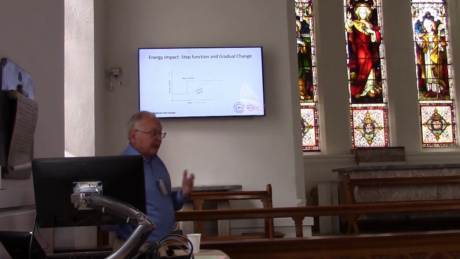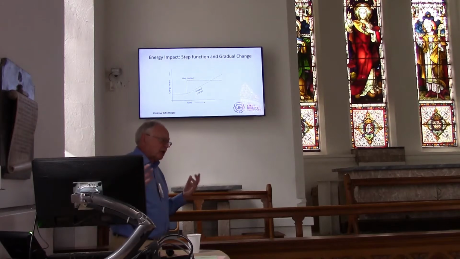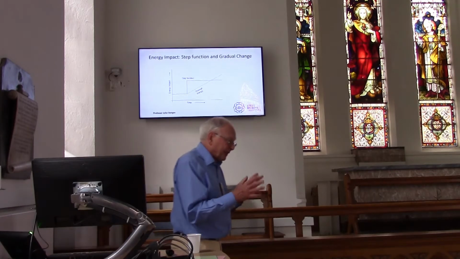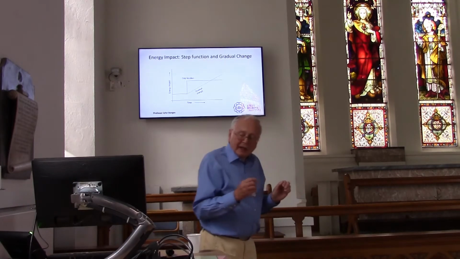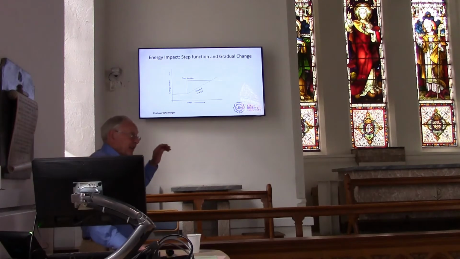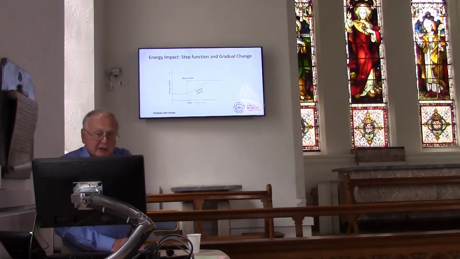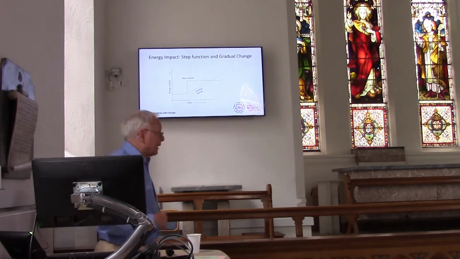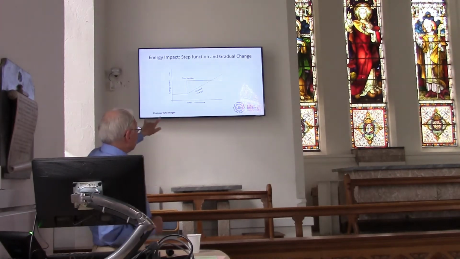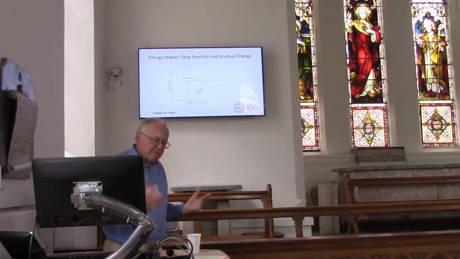And if my figures are correct, which they may well not be, the actual numbers, but the orders of magnitude are right, it could take 100 or 200,000 years for the Siberian traps to deliver the same energy that the Chicxulub meteorite put in just a few seconds.